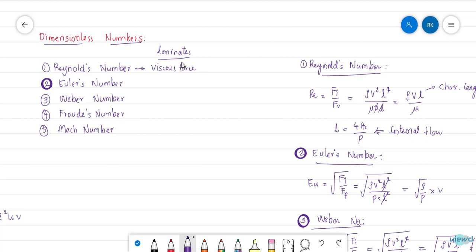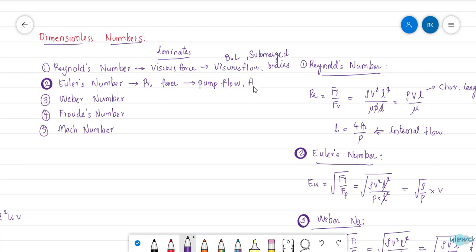So where the viscous force dominates, in laminar flow or viscous flow, boundary layer flow, and also in submerged bodies, we need to use Reynolds number. Next, Euler's number is used when pressure force dominates, for example in pump flow. If we use a pump, it pressurizes the fluid. So in that pump flow, we need to use Euler's number.